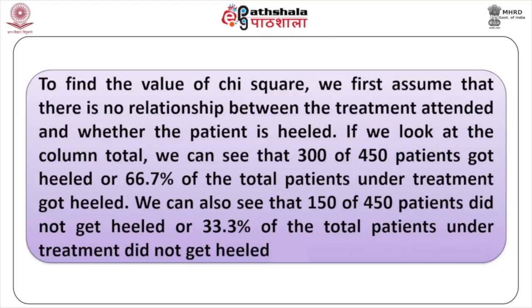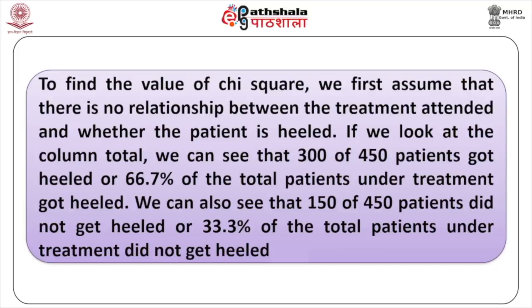To find the value of chi-square, we first assume that there is no relationship between the treatment attended and whether the patient is healed. If we look at column total, we can see that 350 out of 450 patients got healed, or 66.7% of the patients under the treatment got healed.